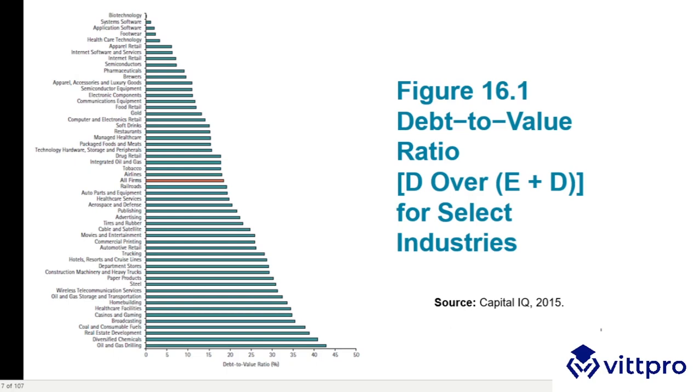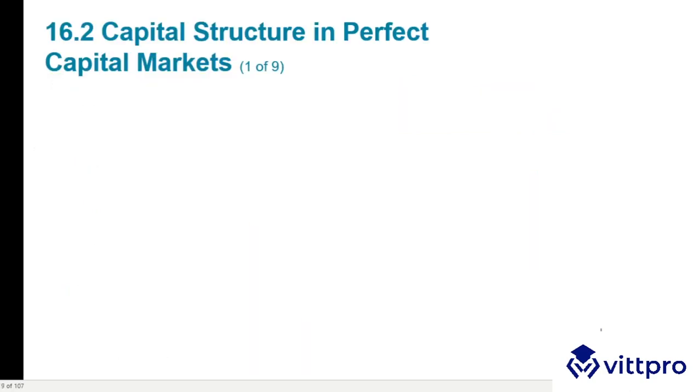Within an industry, the debt to value ratio is sometimes different because of the way the managers and the board are running their business. With higher debt, you can increase the value of the company. We have learned that because debt has a tax advantage, the return on equity increases if you have more debt.